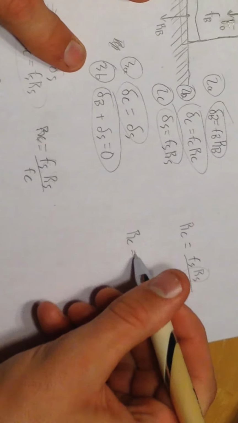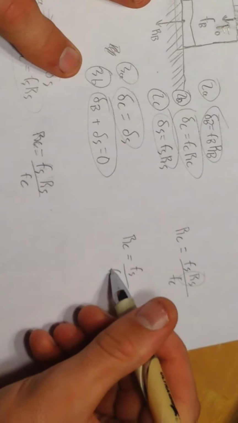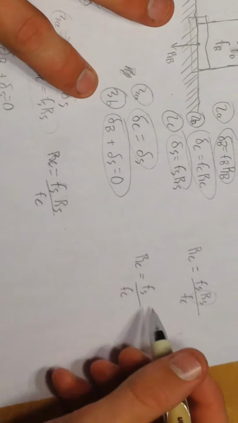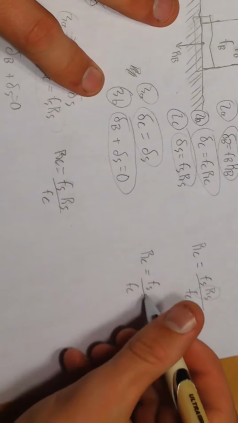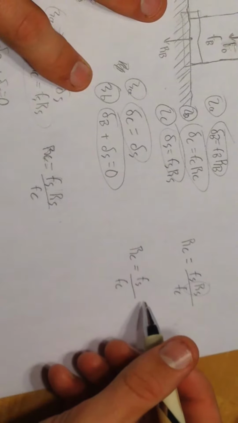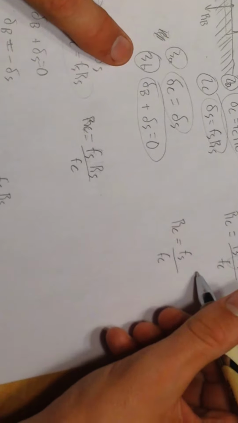So RC is going to equal FS over FC. Okay, so then we just want to plug the RS in here.